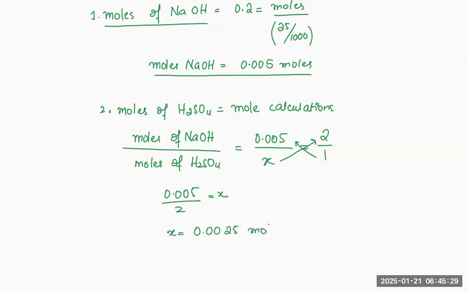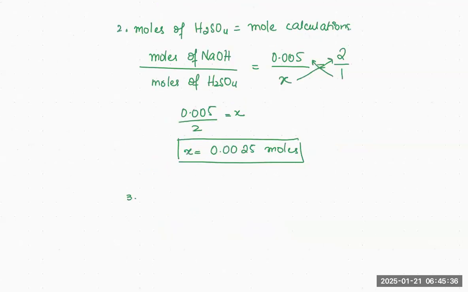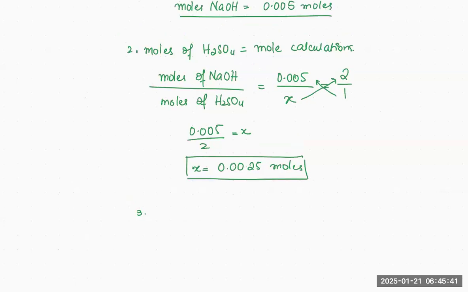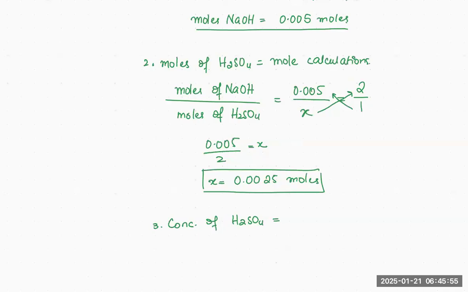After you find the moles of unknown, you find whatever the examiners have asked you. If the examiners have asked you the concentration, now you find the concentration. Again, we have the moles and we have the volume. There's only one formula of concentration that you know, and that is concentration is equal to moles over volume. The moles are 0.0025.